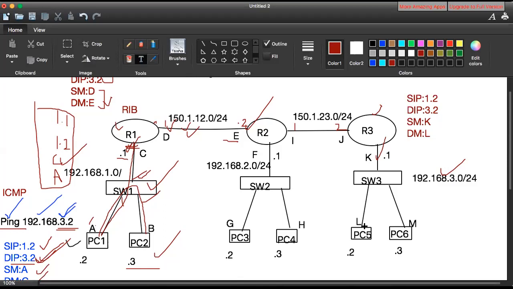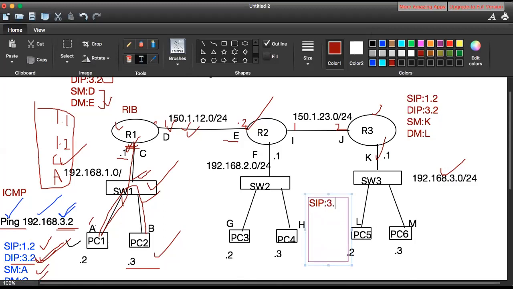When PC5 sends the echo reply, it would have again the same process that PC1 has done. Now who is the source IP?